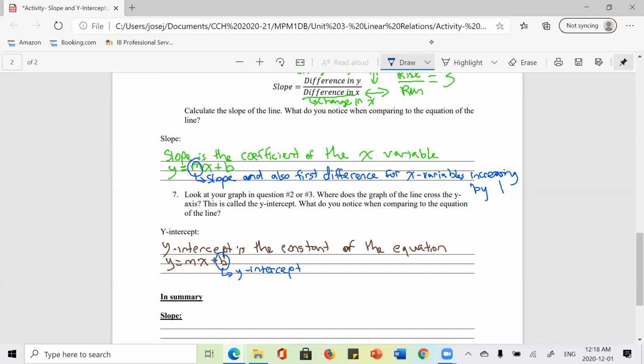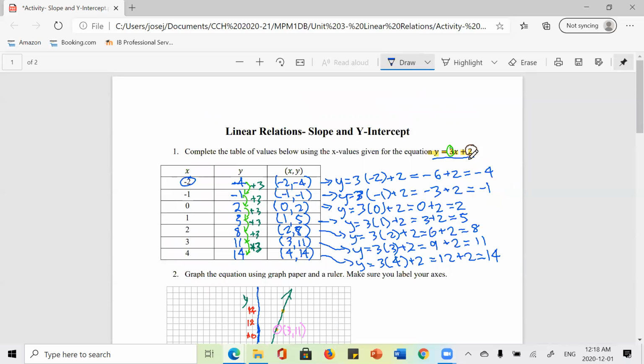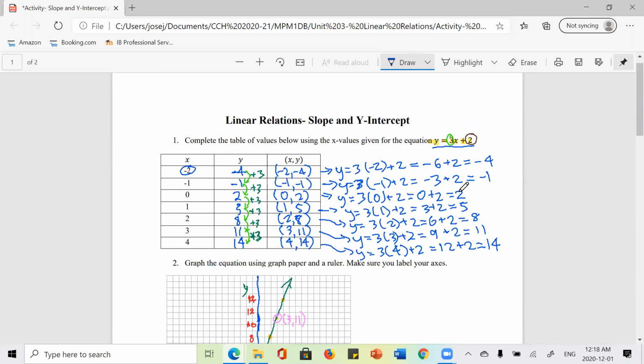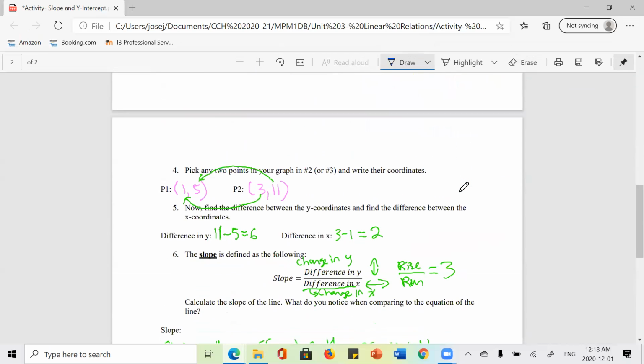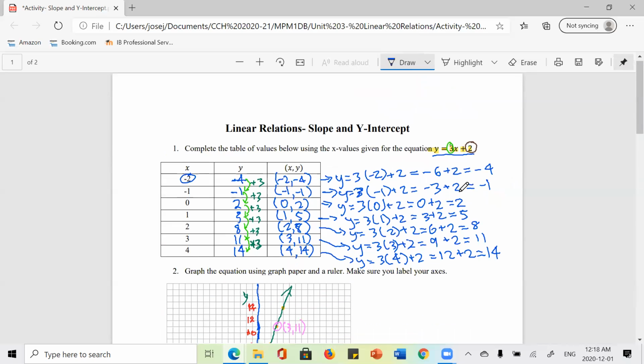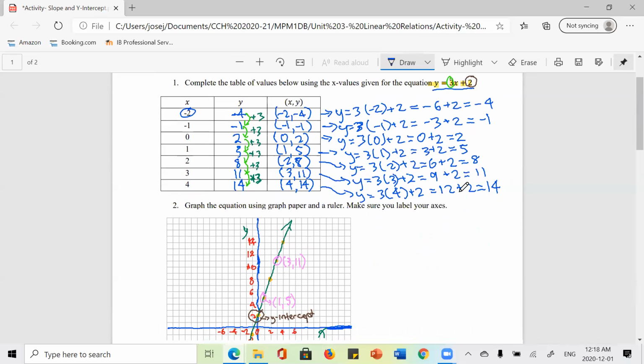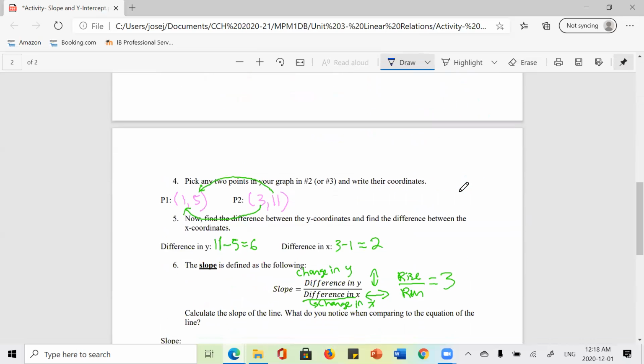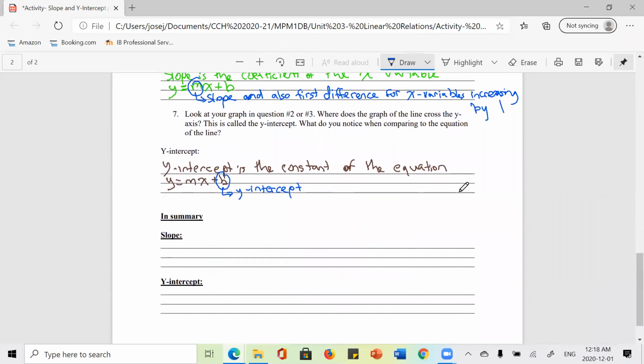The number totally by itself, the constant in the equation, is going to be the y-intercept. So once again, I could just look at an equation given to me and easily tell you what the y-intercept is. Simply look for the number that's by itself in the equation. And if you don't see a number, then it's automatically 0. And if the y-intercept is 0, we know that it is a direct variation. So you already know a lot of information there.